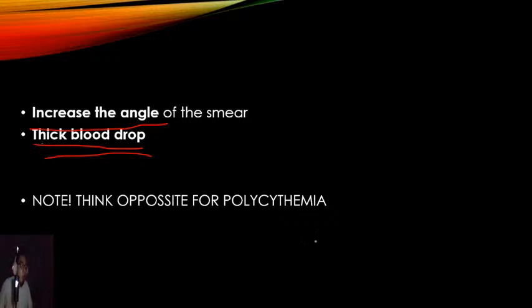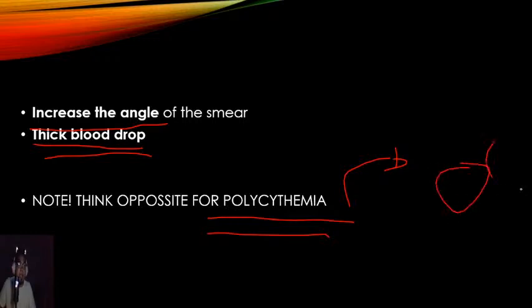For polycythemic patients, it's the opposite: thinner. Why? You want an equalized distribution of the blood cells. If you make a smear for polycythemic patients the same way as for someone who is anemic, you'll see the cells overlap, and you might confuse it as rouleau formation.